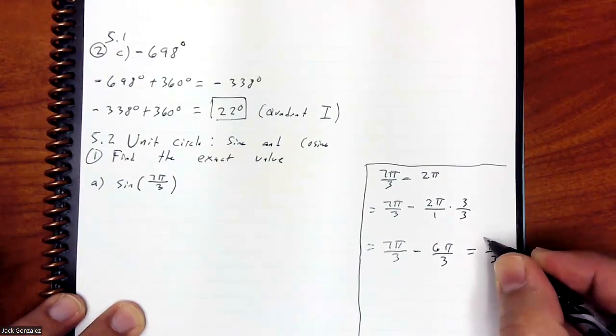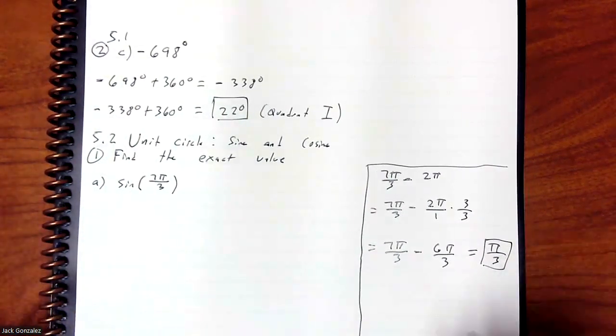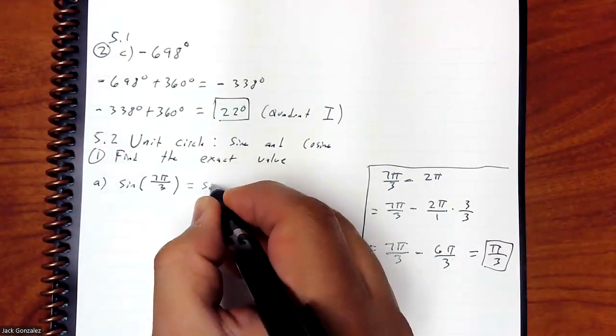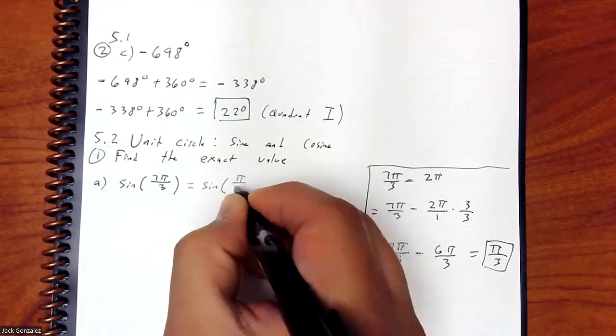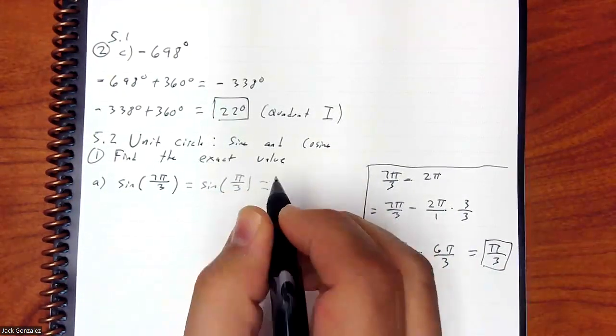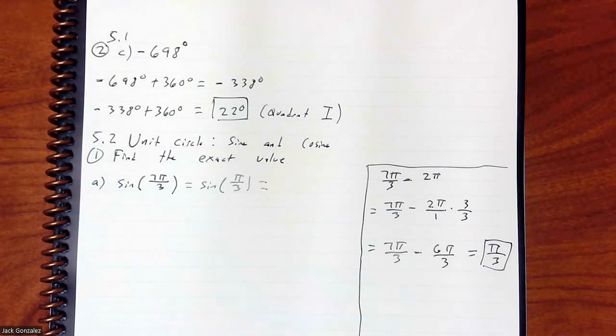So this is the angle we will look up. So change this into sine of pi thirds. This is an angle that you should easily find. Okay. So do the coterminal somewhere on the side and then just plug that in.